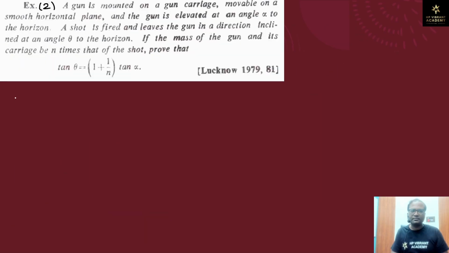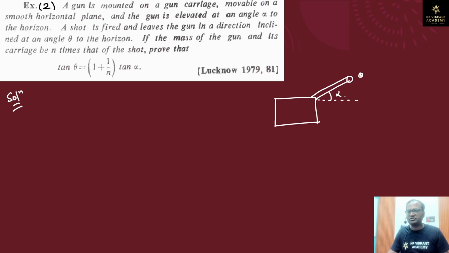Okay, so let us discuss question number 2. A gun is mounted on a gun carriage movable on a smooth horizontal plane. So there is a gun carriage and a gun mounted on it, and the gun is elevated at an angle of alpha to the horizontal. A shot is fired and leaves the gun in a direction inclined at theta to the horizontal.